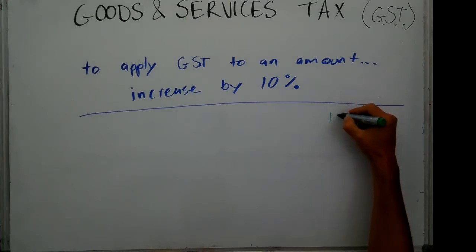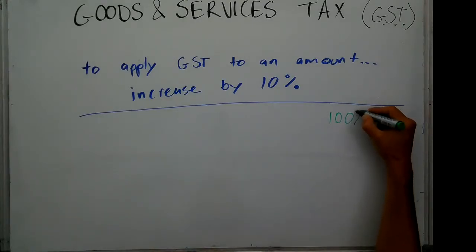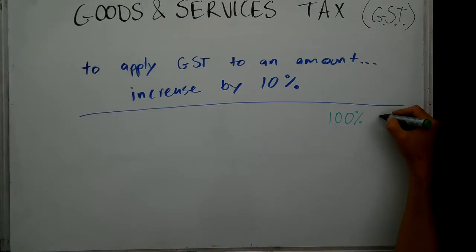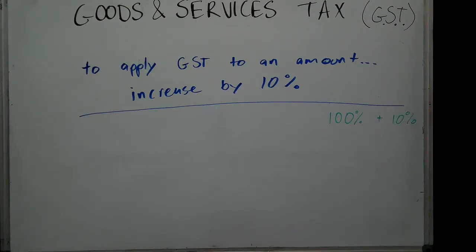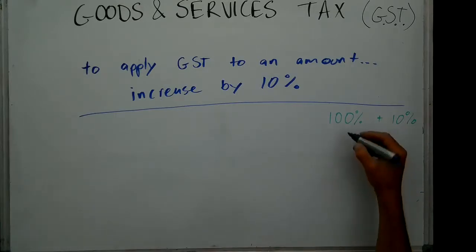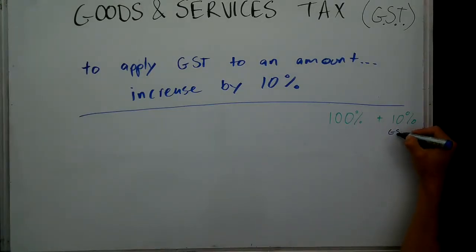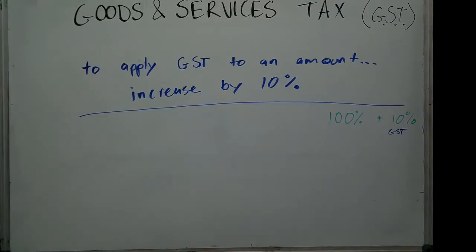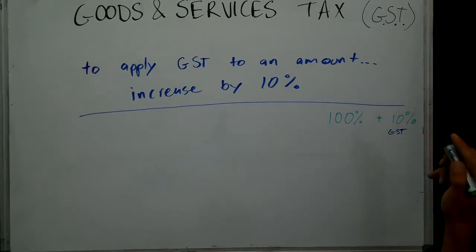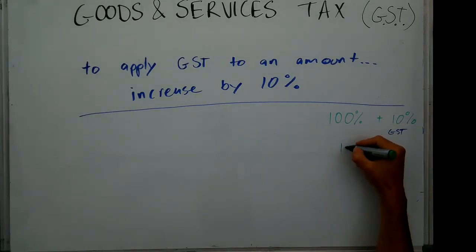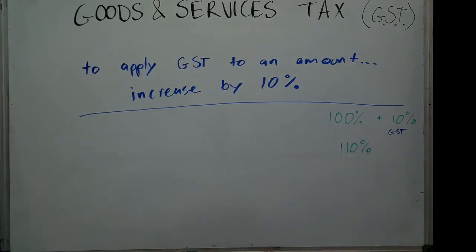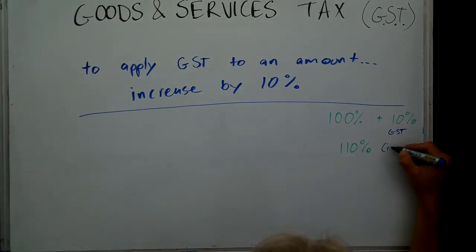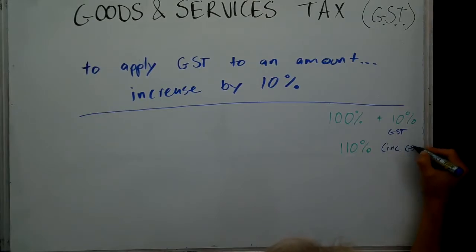We're starting off with an amount that is 100% of itself, and we're adding on 10% GST, and so what we end up with, an amount that includes GST, is 110%.